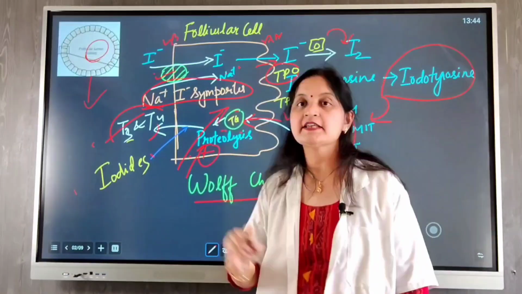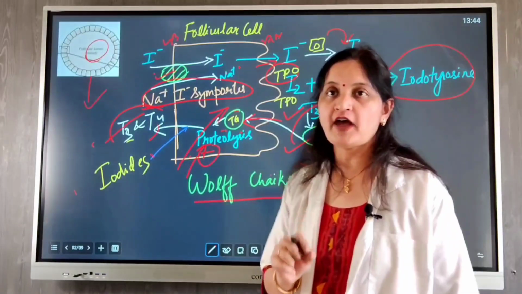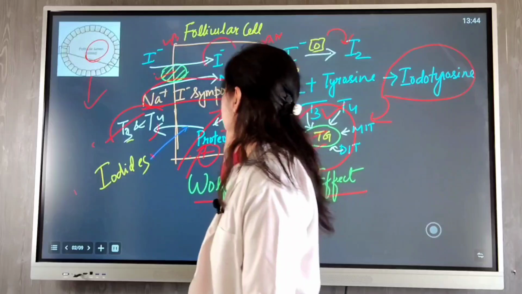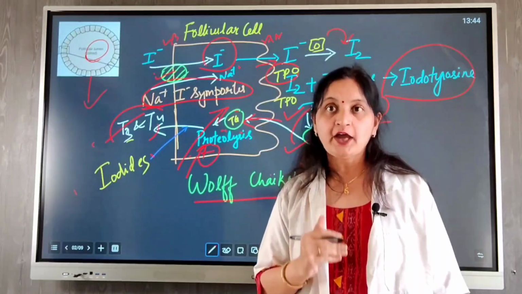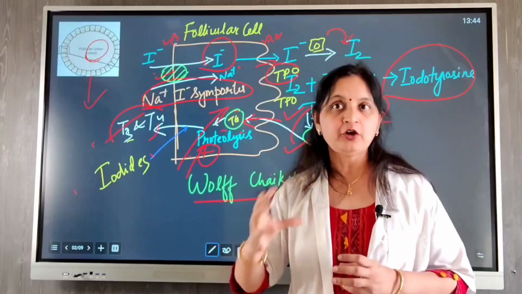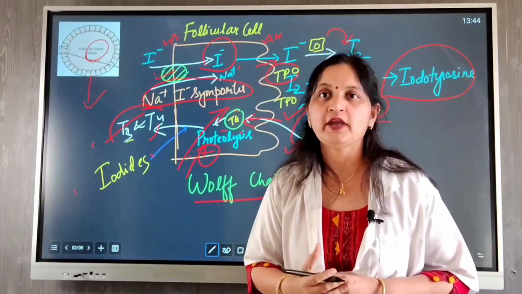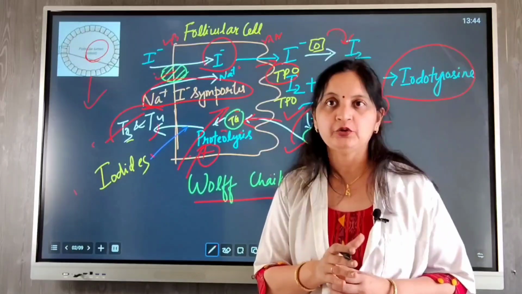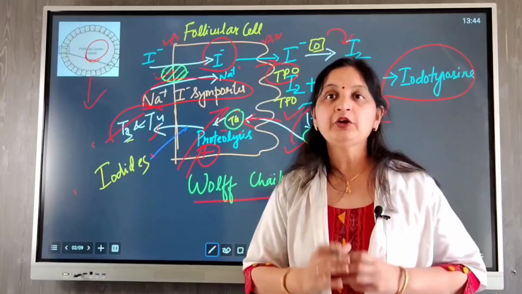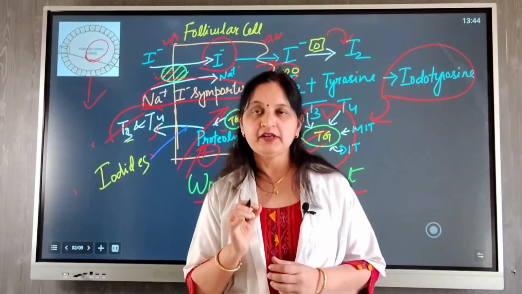When the thyroid gland is exposed to large doses of iodides, the intracellular concentration of iodide in the cytoplasm increases. When the iodine concentration increases, thyroid hormone production is also expected to increase because thyroid hormone synthesis is dependent on iodine. But the thyroid gland has an internal regulatory mechanism.